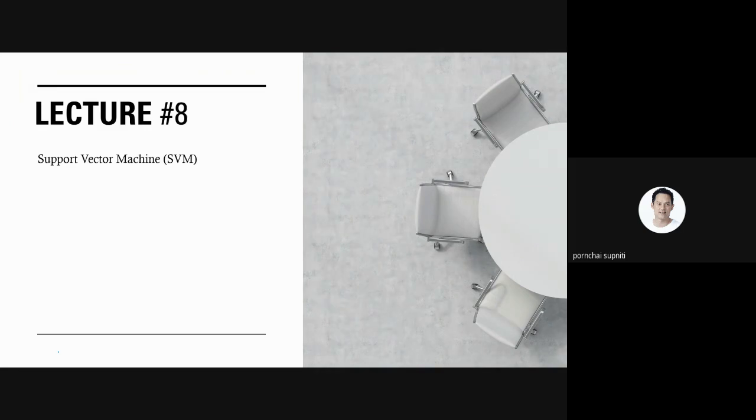So what is a support vector machine? A support vector machine is a type of classifier, meaning that it is used to classify data into two types or three types. It can be extended to not just a binary classifier, but a non-binary classifier.